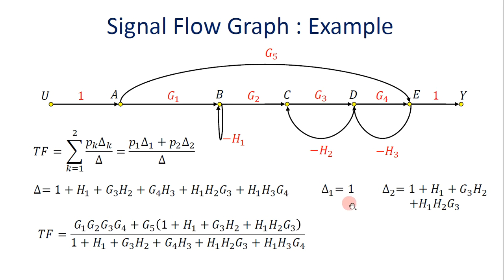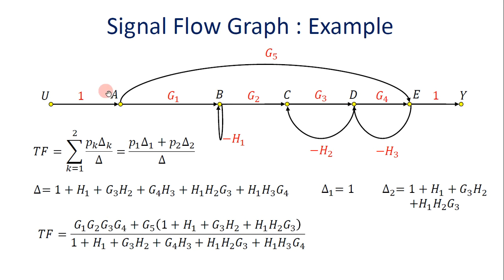Let us go for the value of delta 1. Delta 1 belongs to the first forward path, that is UA, AB, CD and EY. Why is delta 1 equal to 1?